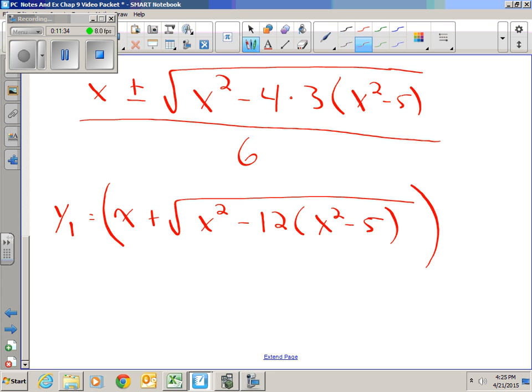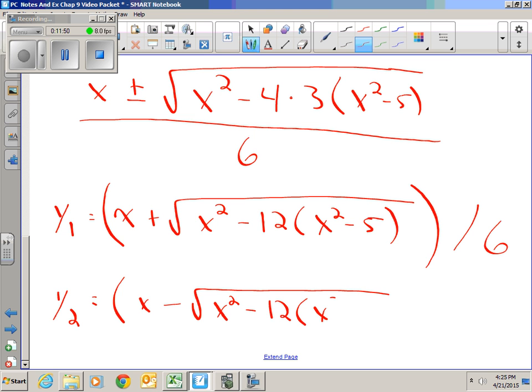Close my parentheses right there too. And we're going to divide that by 6. In y2, we're going to write parentheses x minus radical x squared minus 12 times x squared minus 5, close parentheses, close radical, close parentheses, divided by 6.